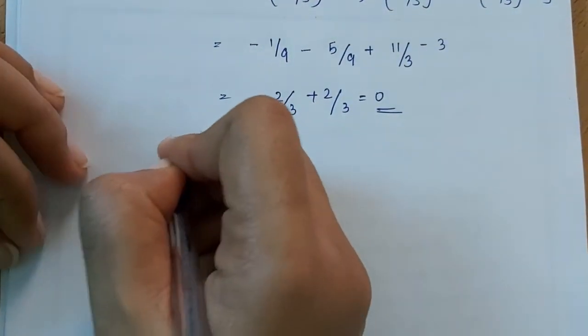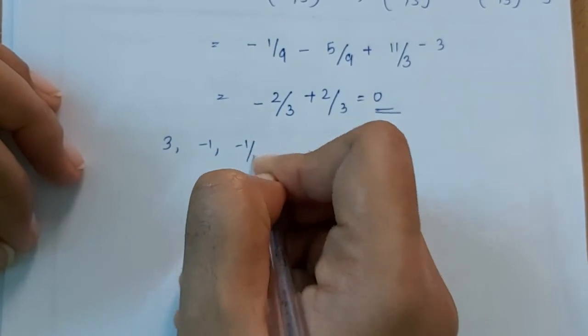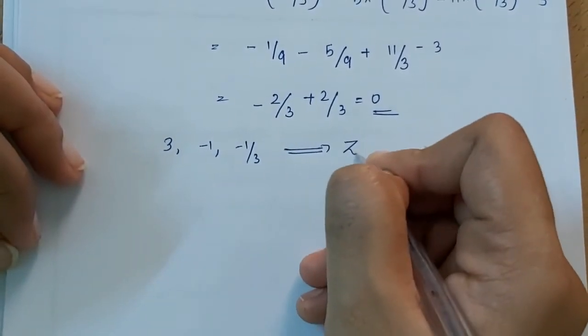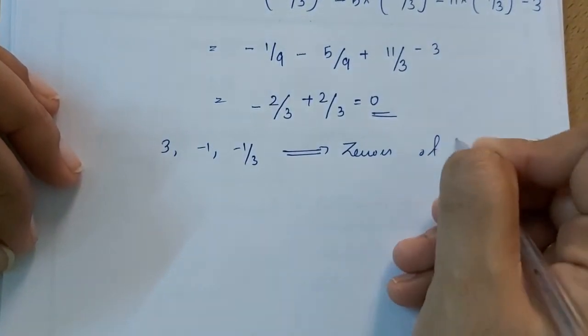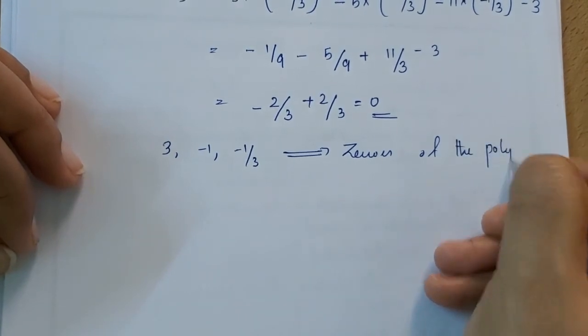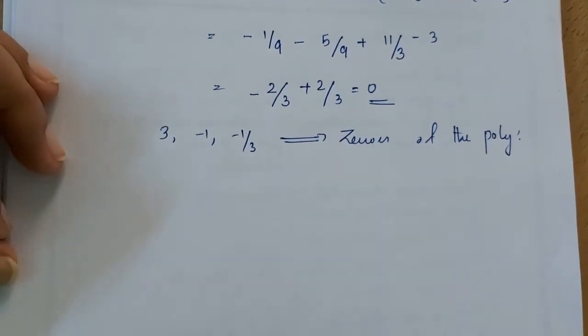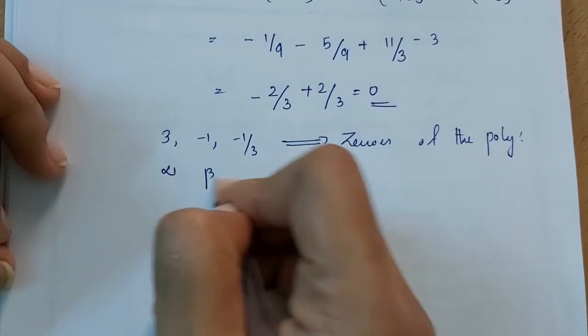So we can say that 3, minus 1 and minus 1 by 3 are the zeros of the polynomial.